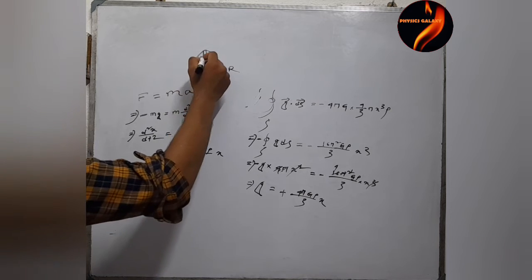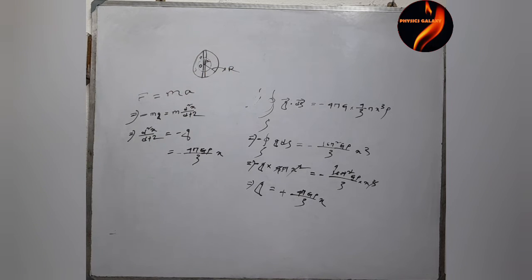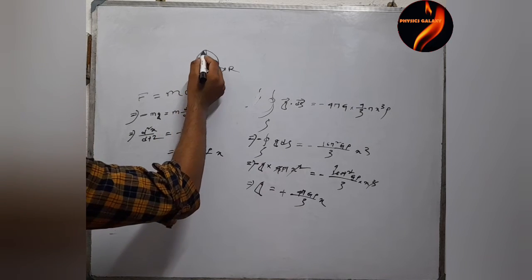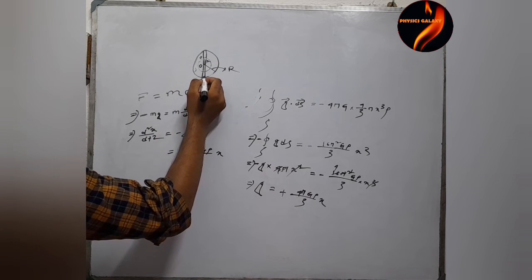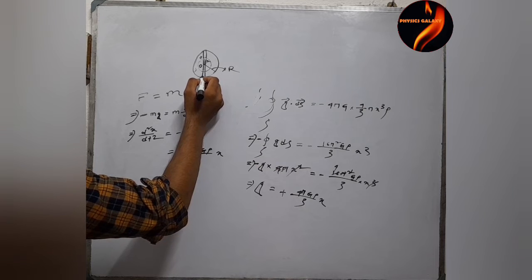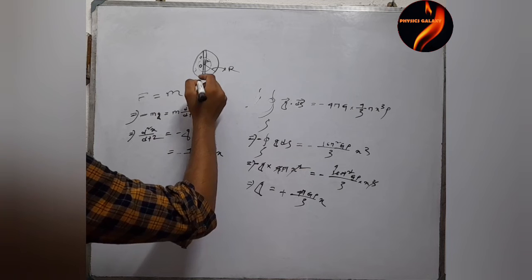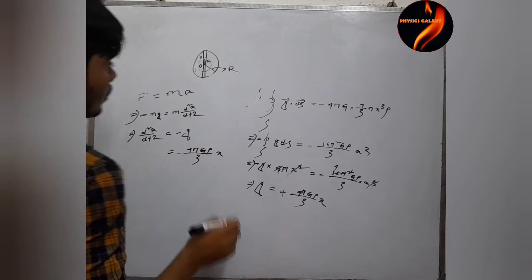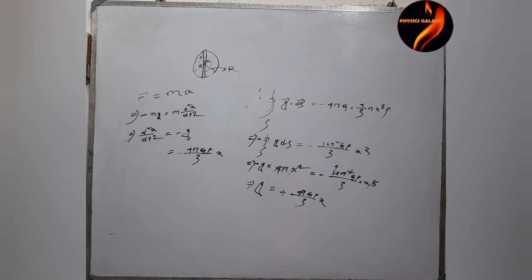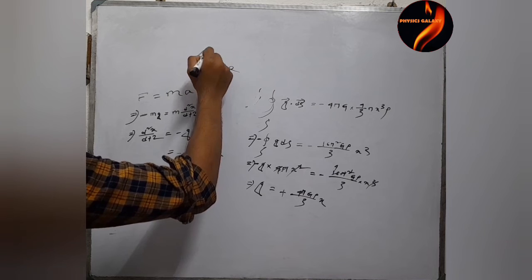So the particle oscillates inside the tunnel, and then they asked me what is the velocity of the particle at the other surface. We told them that gravitational force is conservative in nature, so the energy will be conserved at every point inside the tunnel.